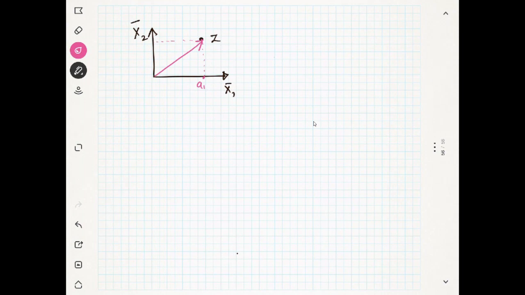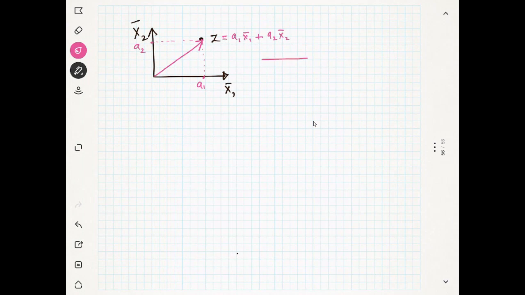Across the direction of x2 bar, the projection is a2. Do you understand what I am representing? So what is Z? Z is nothing but A1 into x1 bar plus A2 into x2 bar.